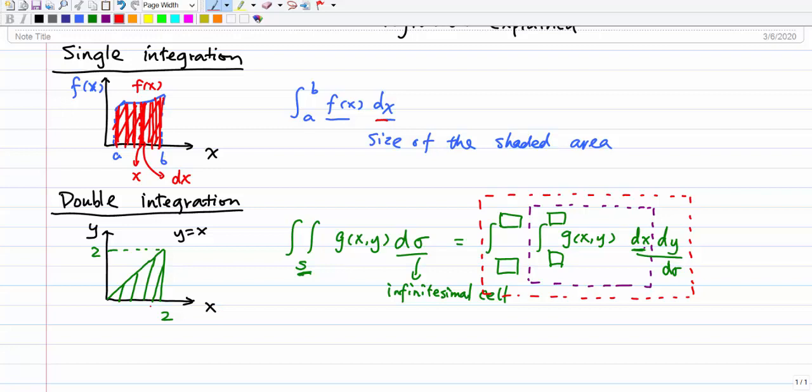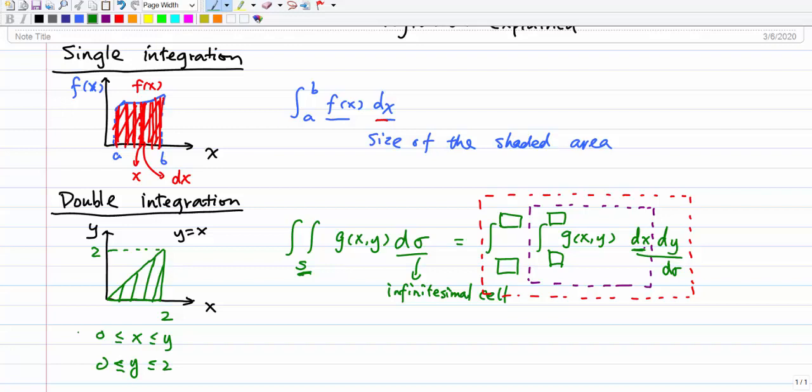For example, we can define a given area which is the triangle over here. We can represent the area as x greater than or equal to 0 but less than y, and y ranges from 0 to 2. That will represent this triangle area.